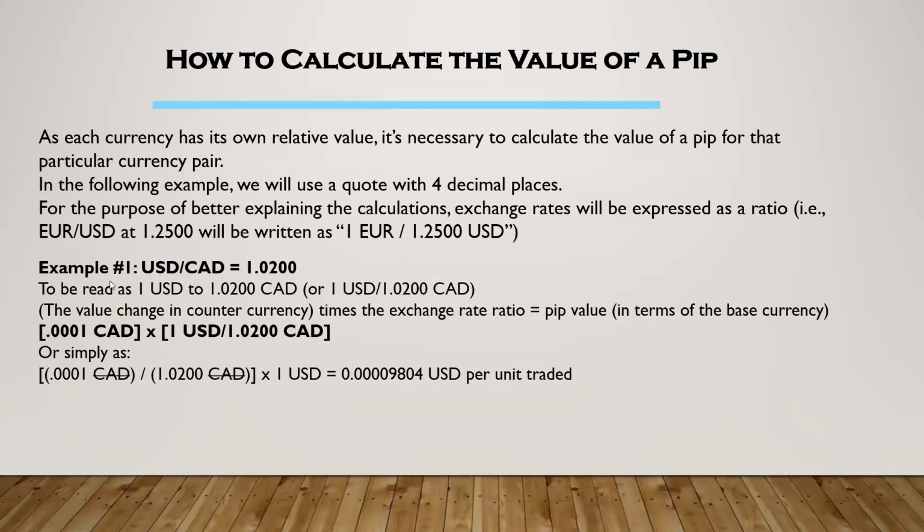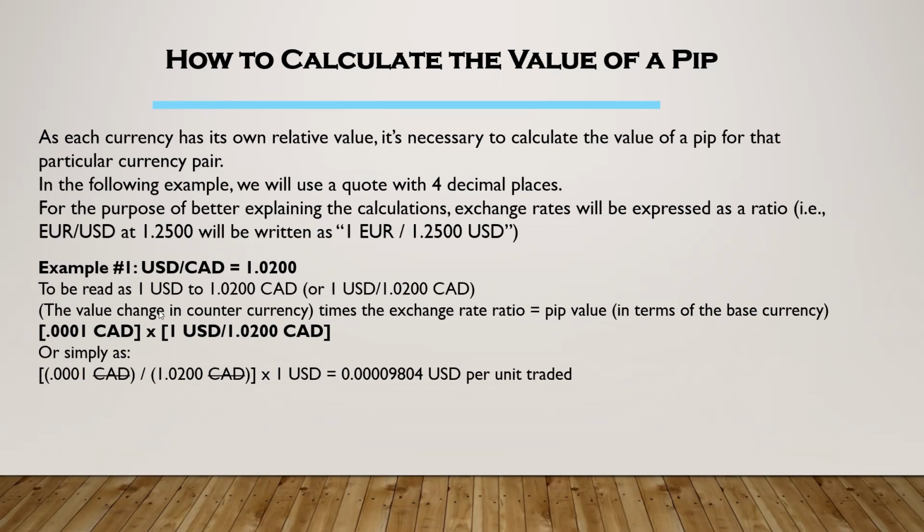So, for example, let's say USD CAD equals 1.0200. So you have 1 USD equals 1.0200 CAD.